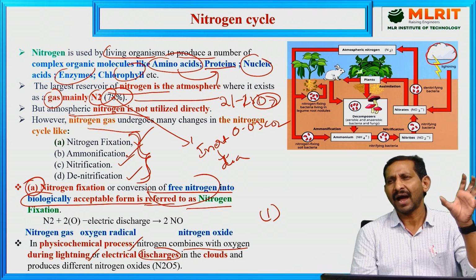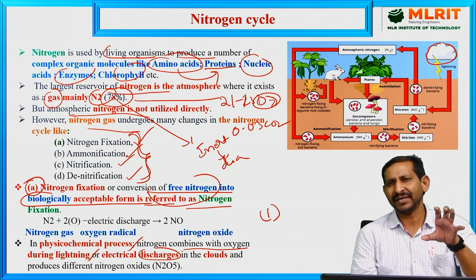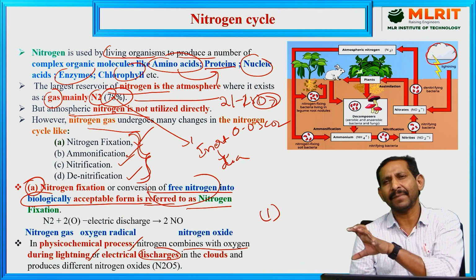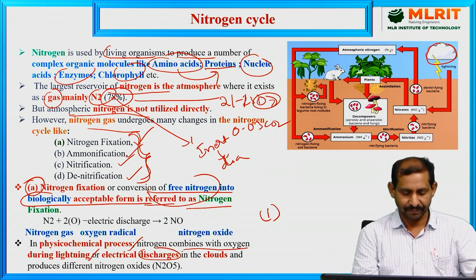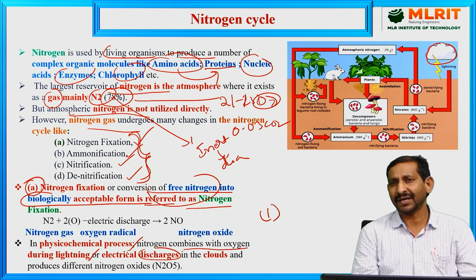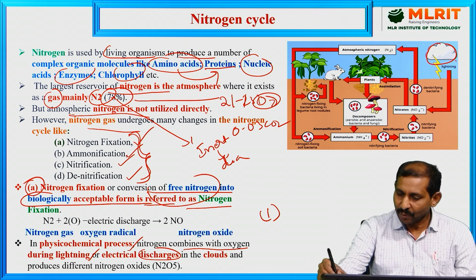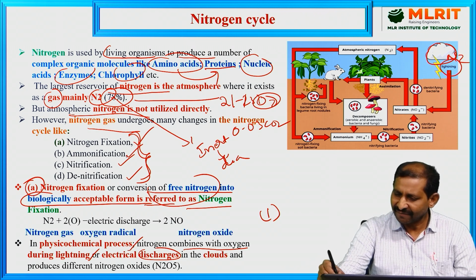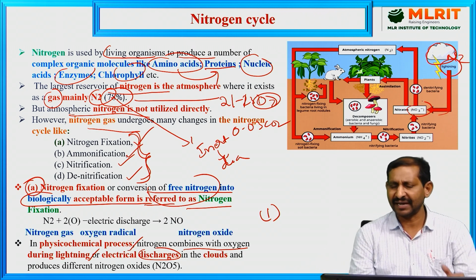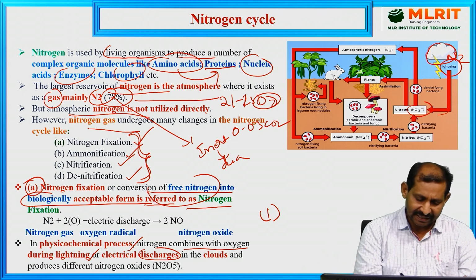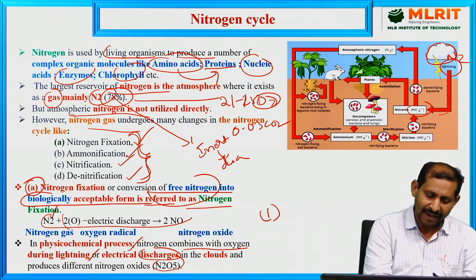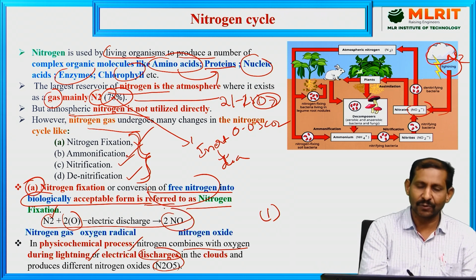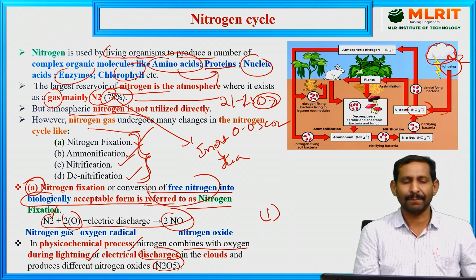The free nitrogen present in the atmosphere is converted into biologically acceptable nitrogen oxides in this physicochemical process, like lightning or electrical discharges. Atmospheric nitrogen combines with oxygen in the electrical discharge, and different nitrogen oxides are formed. That is the physicochemical process.